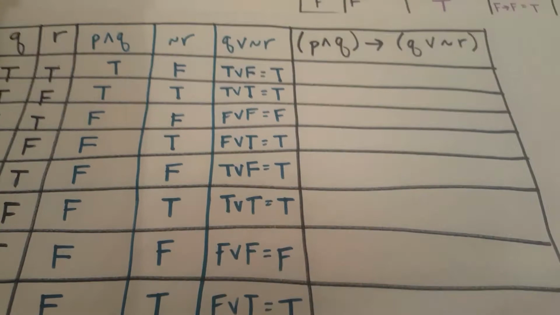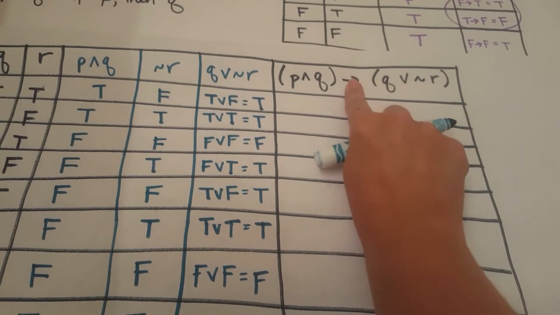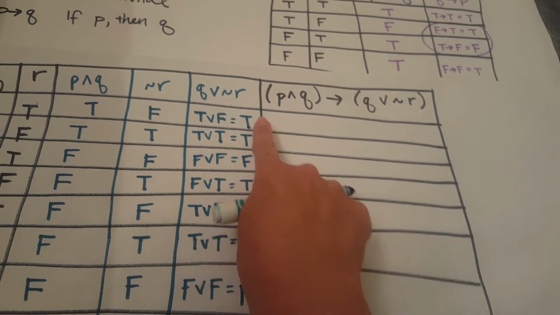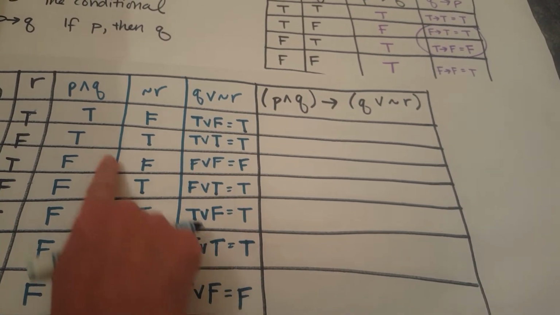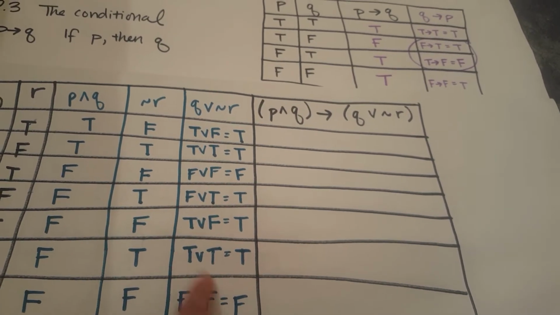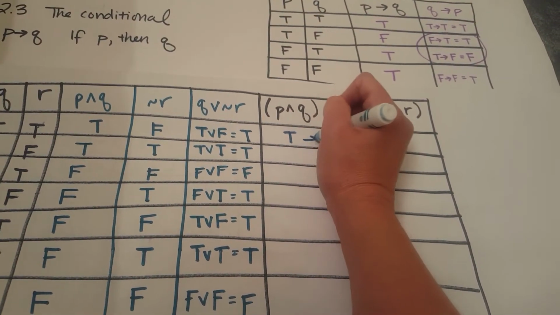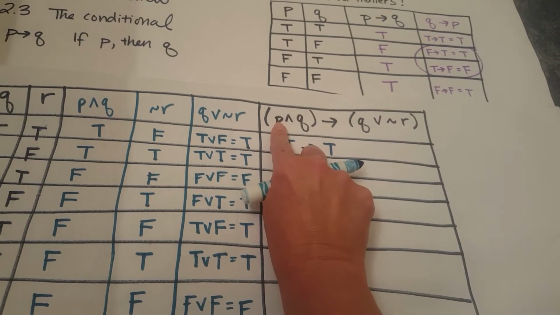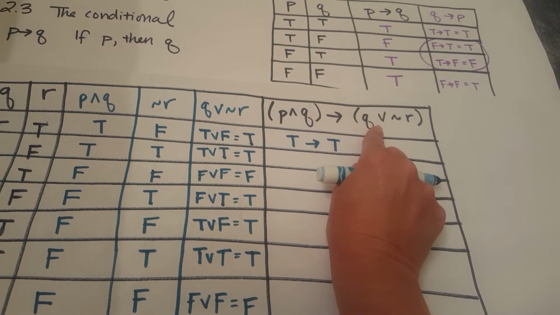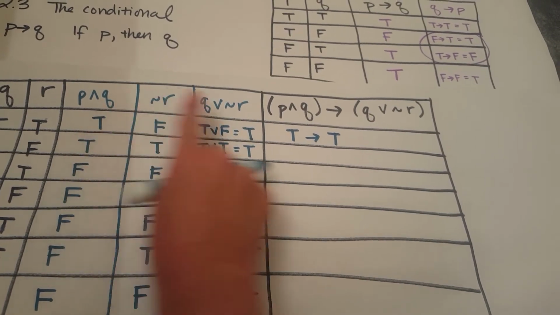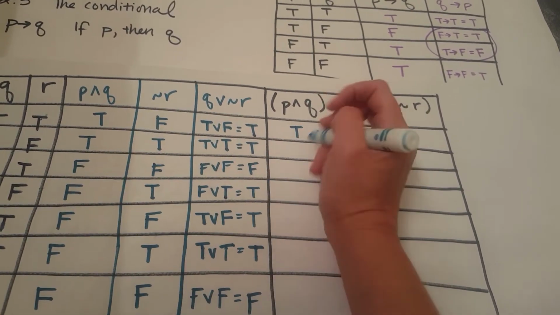Whew, okay. Now, we're going to do the conditional. I want this column first and this column second, and I really have to be careful of order. So here we go, really careful. I'm just going to write the first column value, arrow, second column value. So: if true, then true.